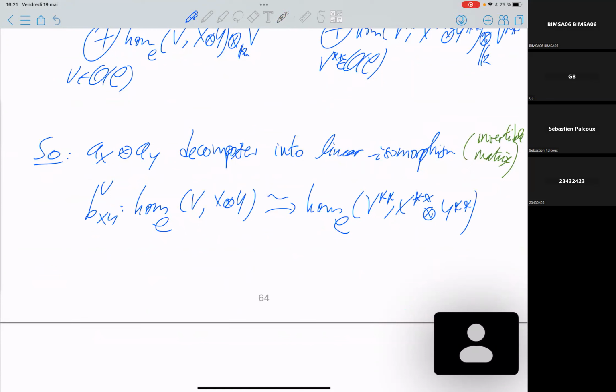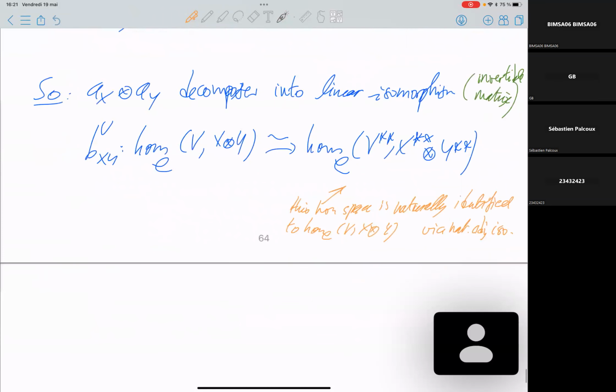And in fact, how to say, this Hom space is naturally identified to the Hom space via natural adjunction isomorphism.